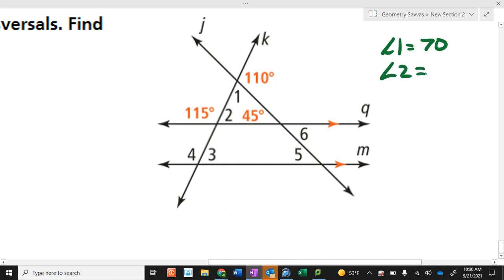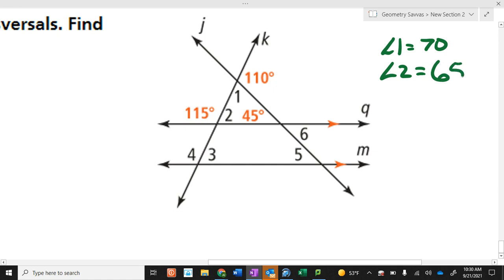Angle 2. How big is angle 2? 65, I hear. That is correct. Why is it 65? Because it's a linear pair with 115, and they add up to 180. When you have a straight line, they add up to 180.